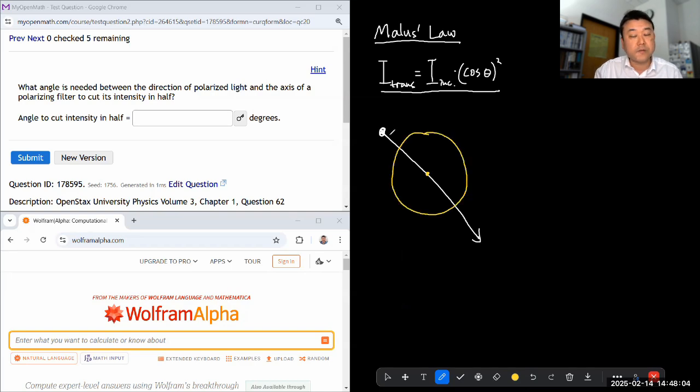Let's say this is my reference, theta equals 0. And let's say my electric field is oriented along this axis here.